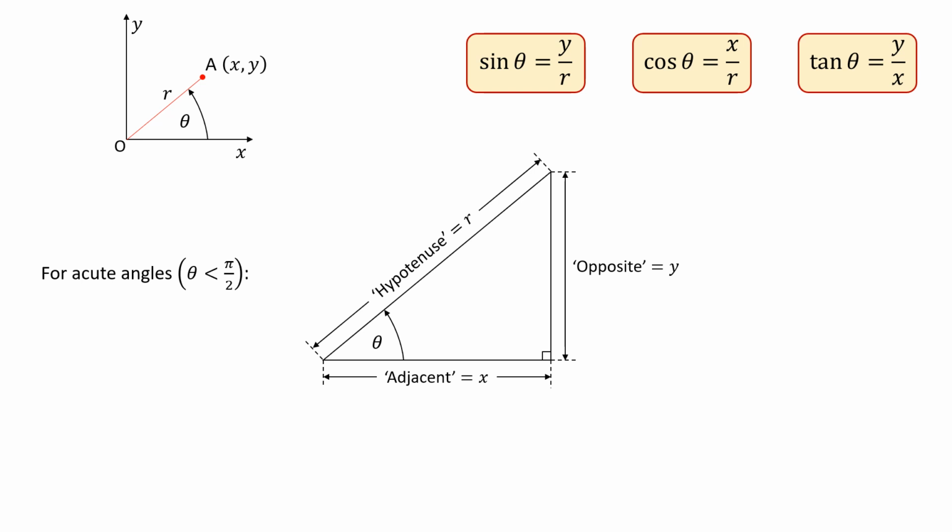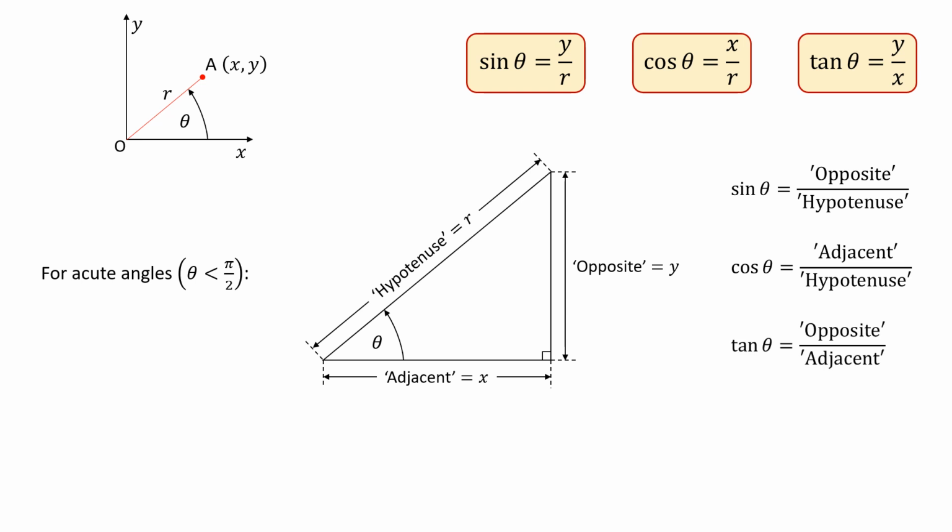For this case, we thus have sin theta equal to opposite over hypotenuse, cos theta equal to adjacent over hypotenuse, and tan theta equal to opposite over adjacent, which are the standard definitions of the trigonometric ratios in right-angled triangles. The advantage of the general definitions I've given above is that they apply to any angle, not just acute angles.